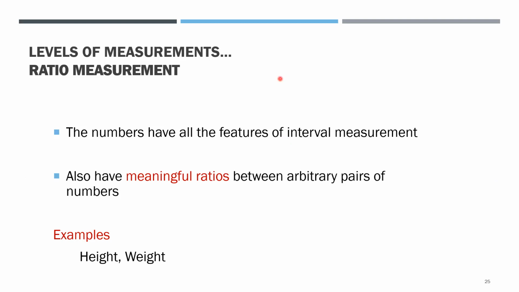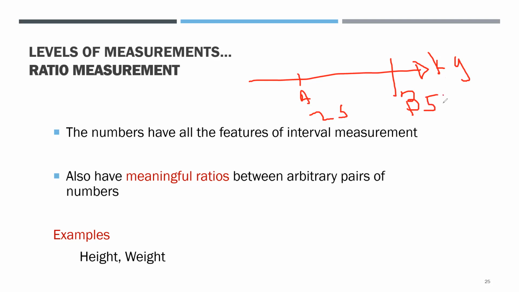For example, if you have two individuals here, let's say A and B, and we are observing the weight of these individuals in kilograms. Let's say A's weight is 25 and B's weight is 50, right?